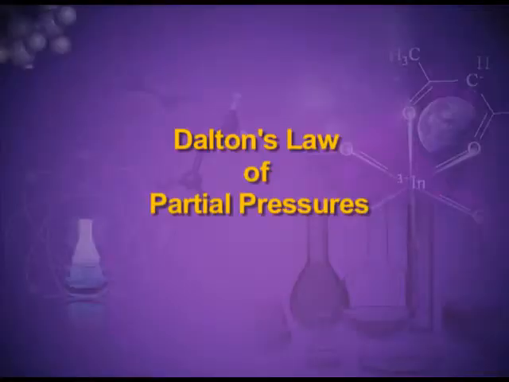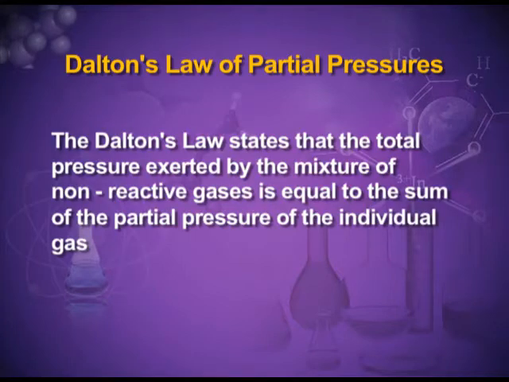The next is Dalton's law of partial pressure. Dalton's law states that the total pressure exerted by a mixture of non-reactive gases is equal to the sum of the partial pressures of the individual gases.